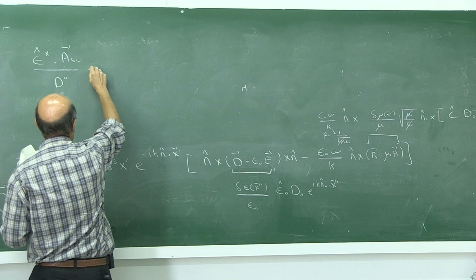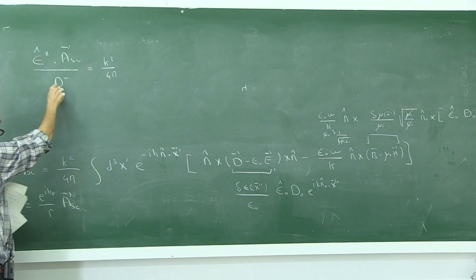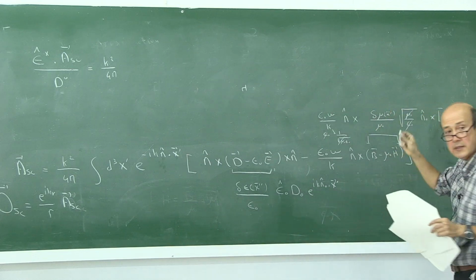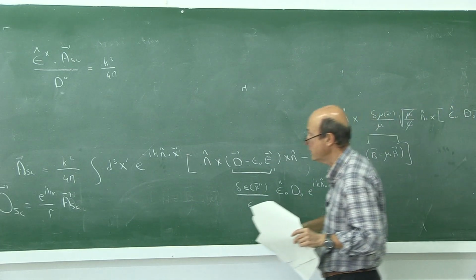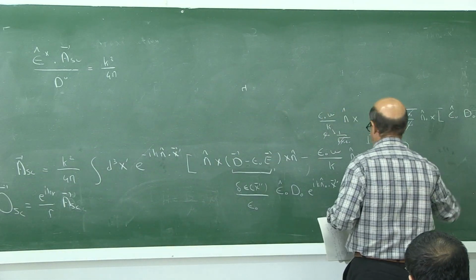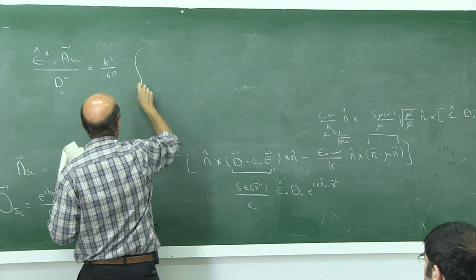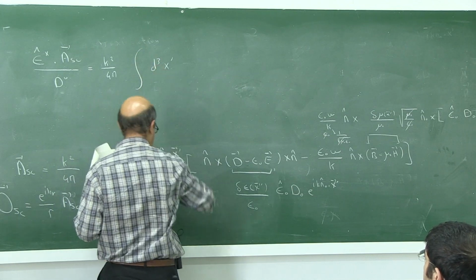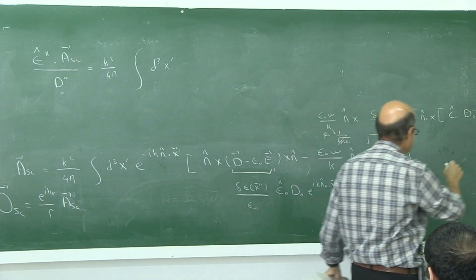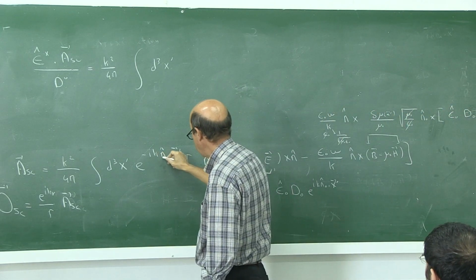So I will plug this there. So I have k square over 4 pi, 1 over d0 amplitude of the oscillation. But we have d0 here and d0 here. That will cancel. Okay, all d0s will be cancelled. So you have amplitude of the oscillation here, amplitude of the oscillation, that will be cancelled. And d cube x prime, you have e to the ik n0 dot x prime, and you have minus e to the ik n dot x prime.